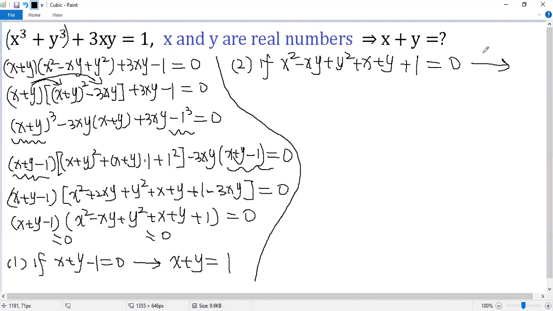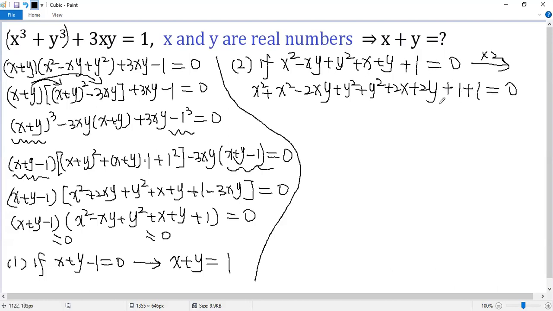Multiply both sides by 2, so we get 2x squared, which I write as x squared plus x squared, times 2, so minus 2xy, plus 2y squared, which I write as y squared plus y squared, plus 2x plus 2y plus 2, again written as 1 plus 1, equals 0.